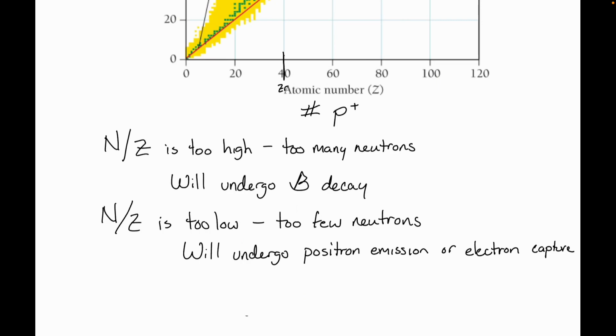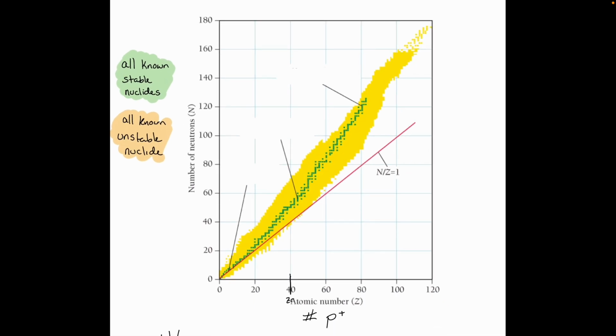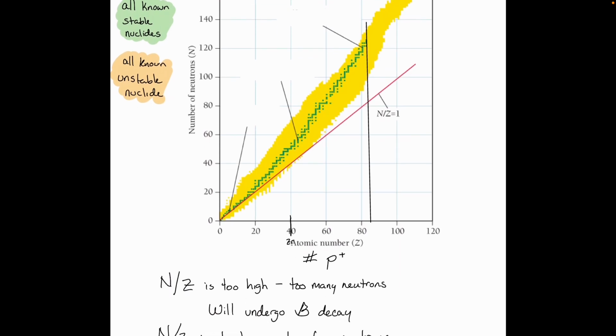All right, and then last thing we want to note about this chart. There's this magic cutoff to this green line here, right? Notice that all of a sudden, past this point here, there are no more stable nuclides. All right, this magic number here is 83.